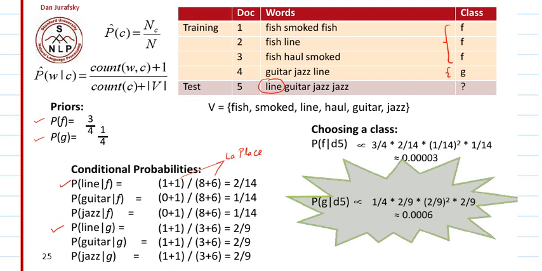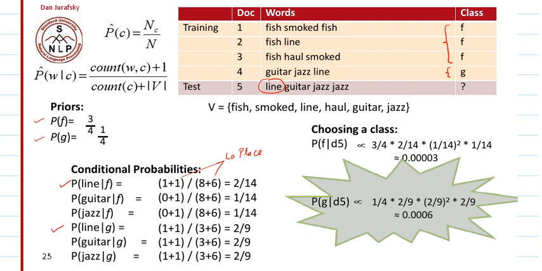Similarly, for line given G, there is only one count in class G, and the total number of words in class G is 3. In this way we can do this for all the classes, and then we can predict the sense of the particular word in this sentence, right?